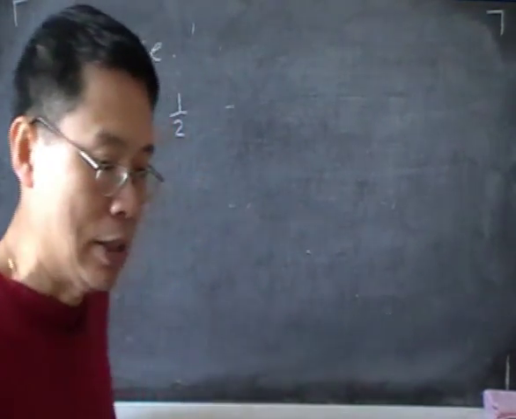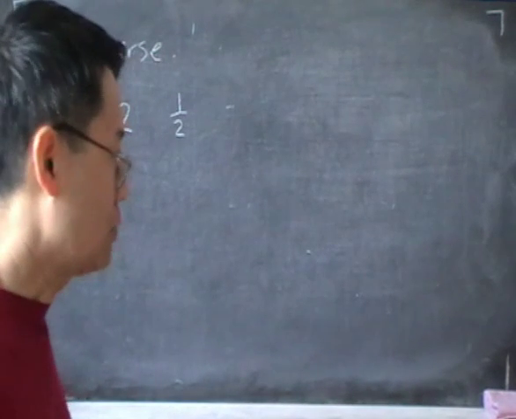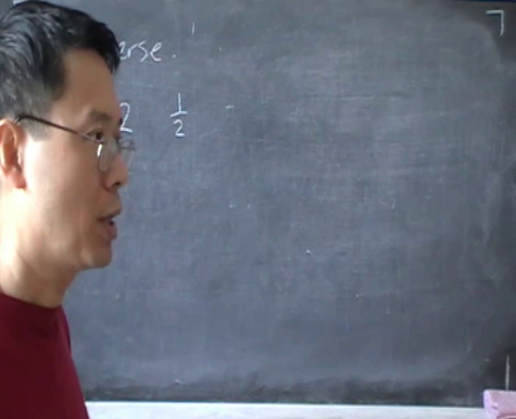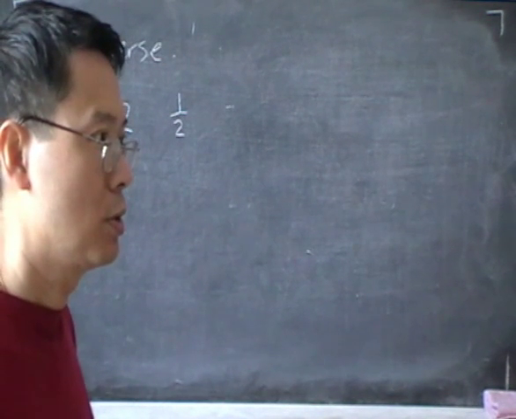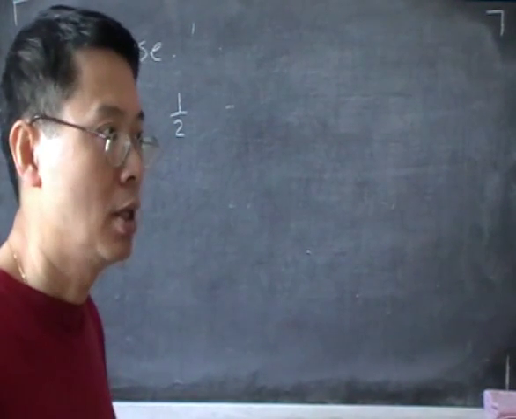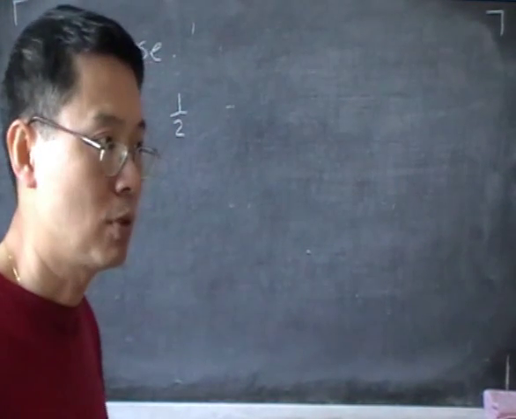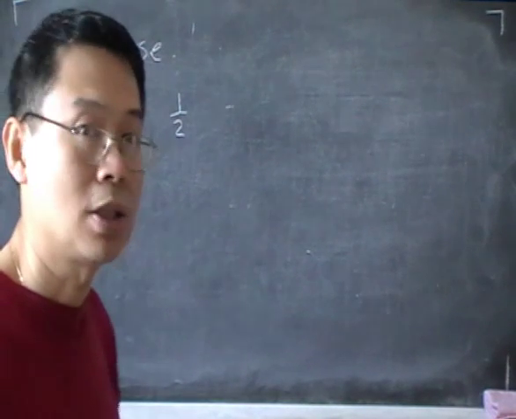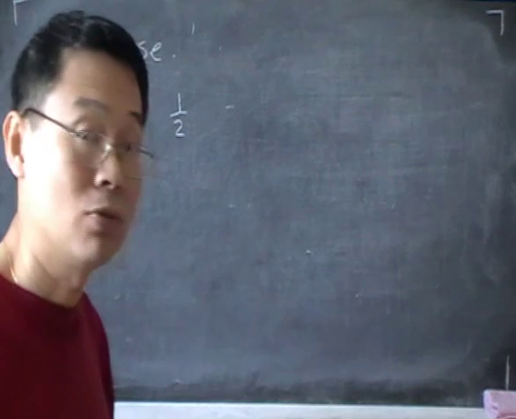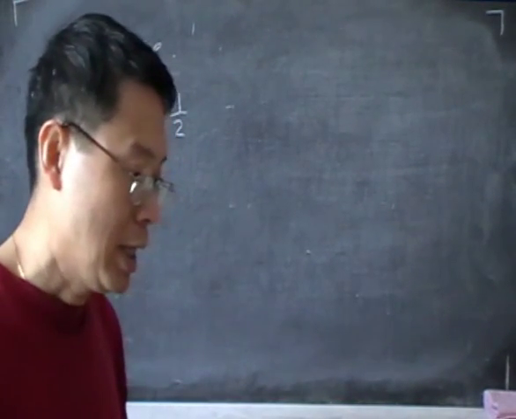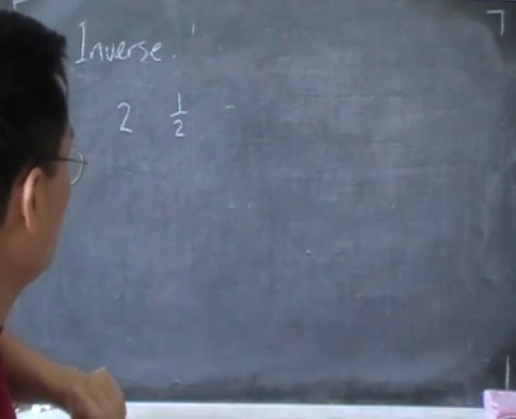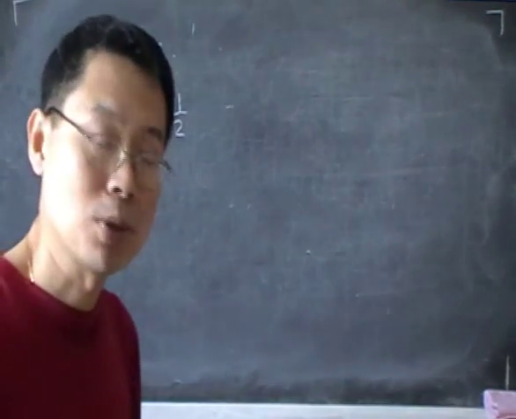There are different meanings for the word inverse. In trigonometry, we have learned about sines and cosines. In functions, we have learned about functions and inverse functions. So you can have inverse functions, you can have inverse sines and cosines, and the meanings are different from what we have for just numbers.